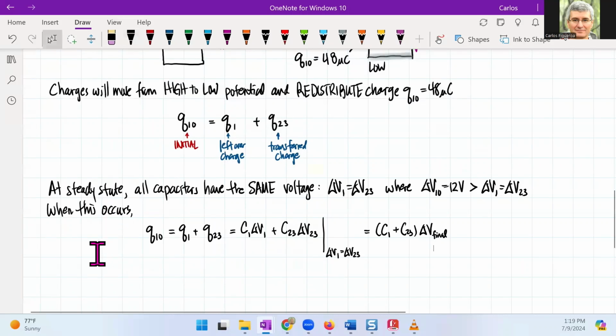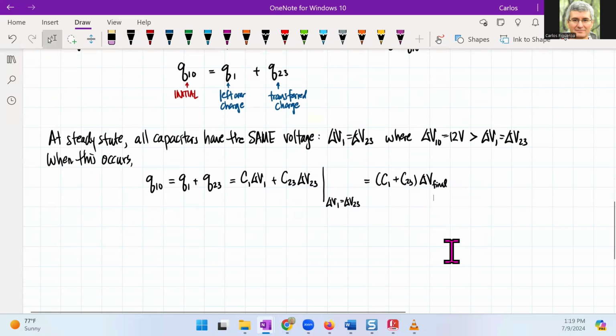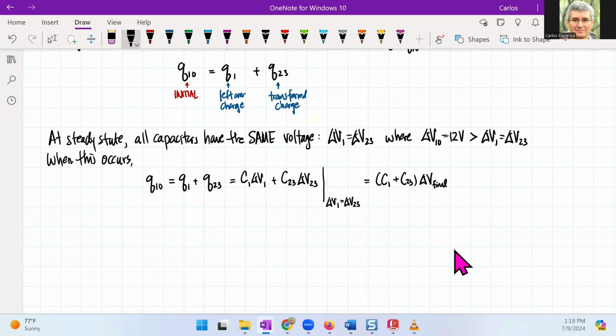So now I can calculate that final voltage. I know the total charge. I know the capacitance. One can now solve for the final voltage of these capacitors.